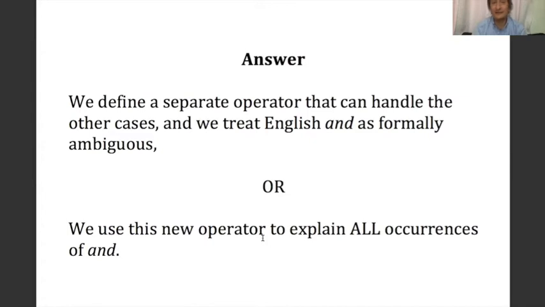We're not going to do either in this book because, like I said, that would be far too complex for an introduction. So we're going to pretend that the answer is like the first answer. We will only be using instances of "and" that can be interpreted with logical "and," and we'll push the other ones aside for a later day.